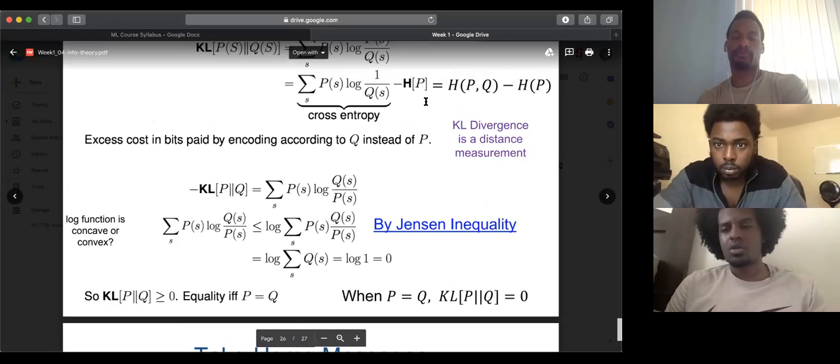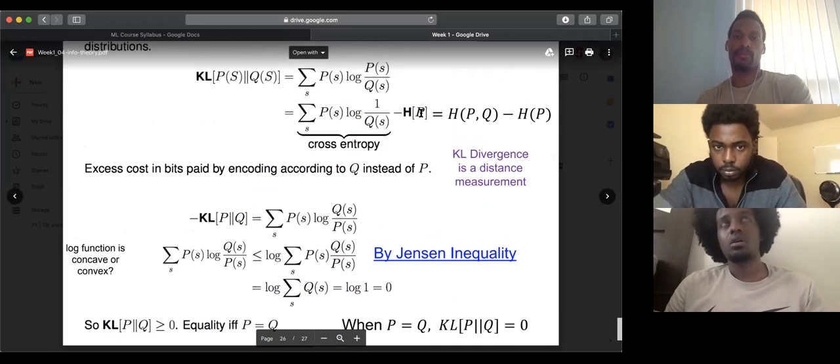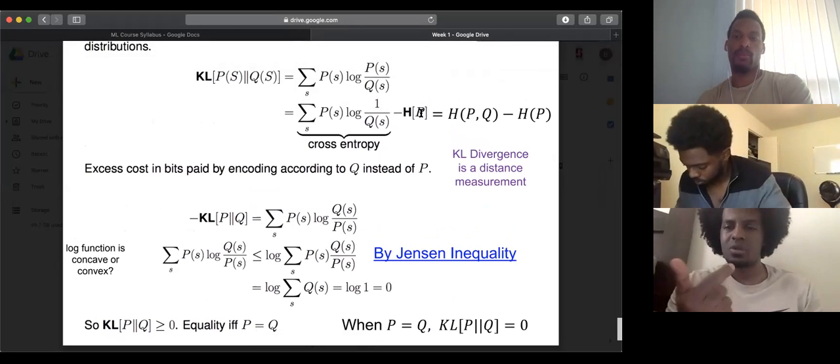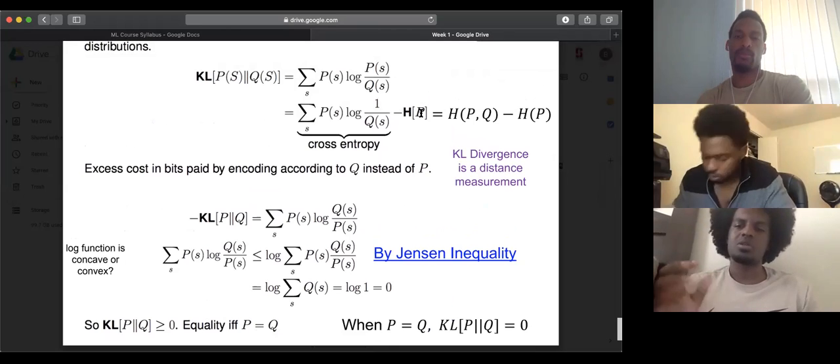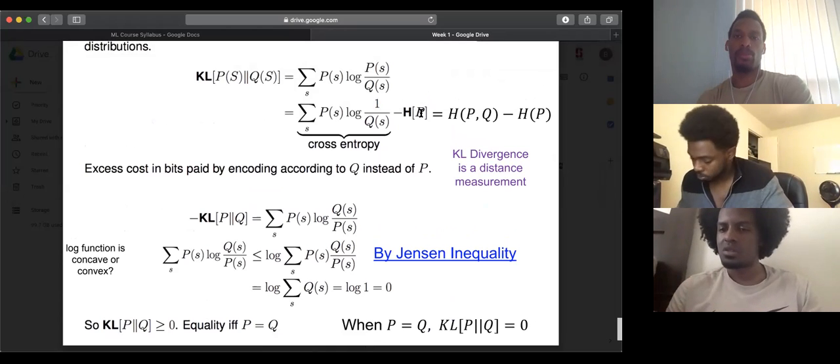So it's kind of the same as mutual information, like the reverse of it. You're basically subtracting out the entropy of just P, and you're left with the overlap, and that's what the distance is.